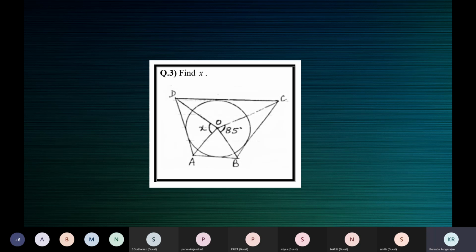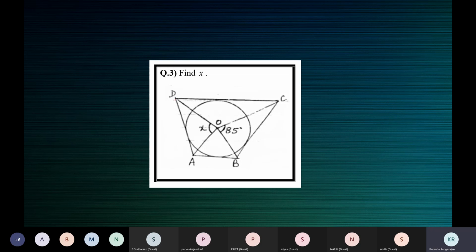A quadrilateral circumscribing a circle, or a circle inscribed in a quadrilateral. When a circle is inscribed in a quadrilateral, or when a quadrilateral circumscribes a circle, the opposite sides subtend supplementary angles at the center. The opposite sides, AD and BC.